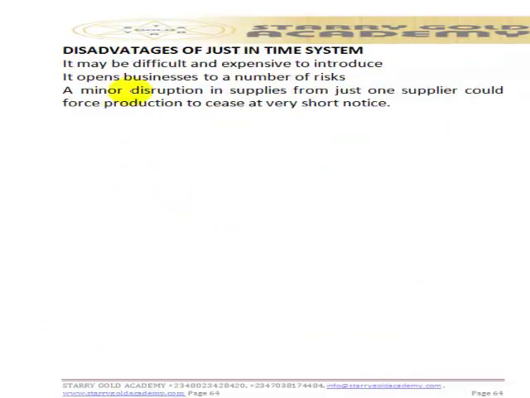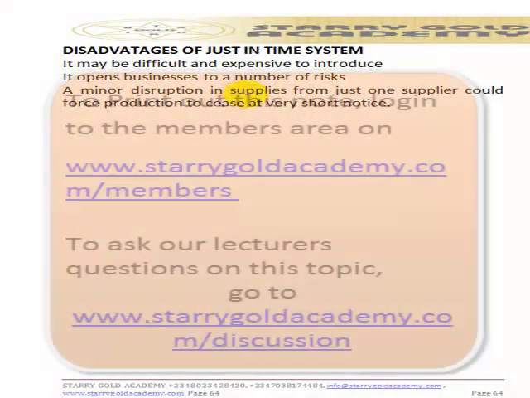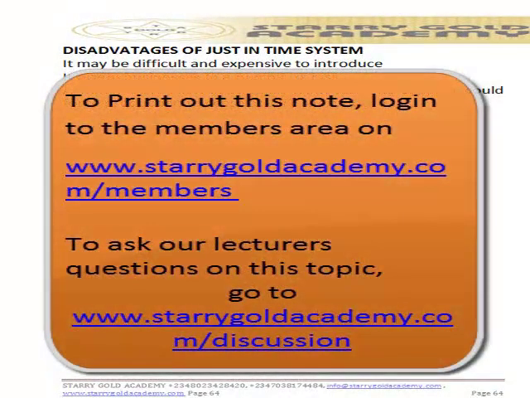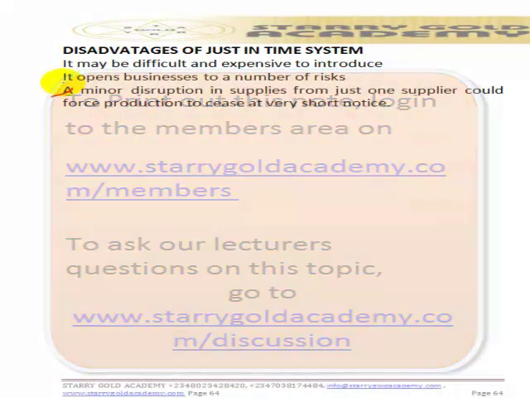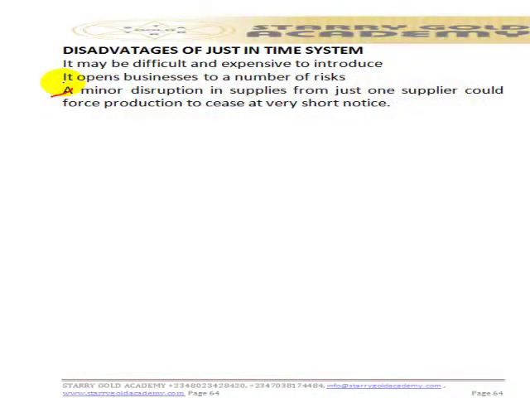The disadvantage is that it may be difficult and expensive to introduce. It opens businesses to a number of risks. A minor disruption in supplies from just one supplier could force production to cease, because you only buy materials when production is to start.